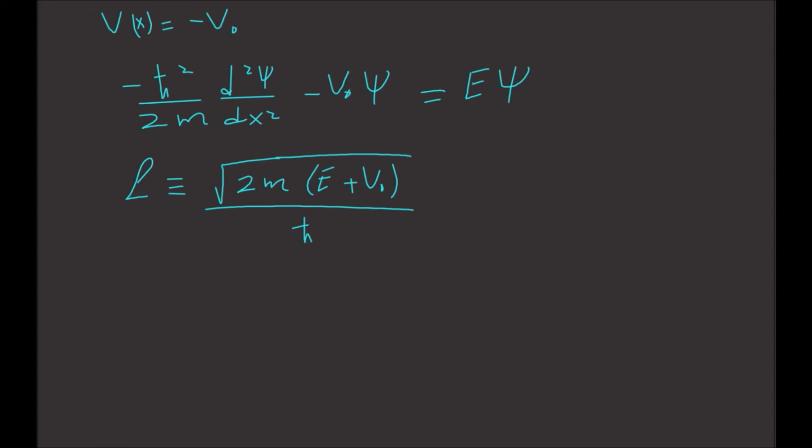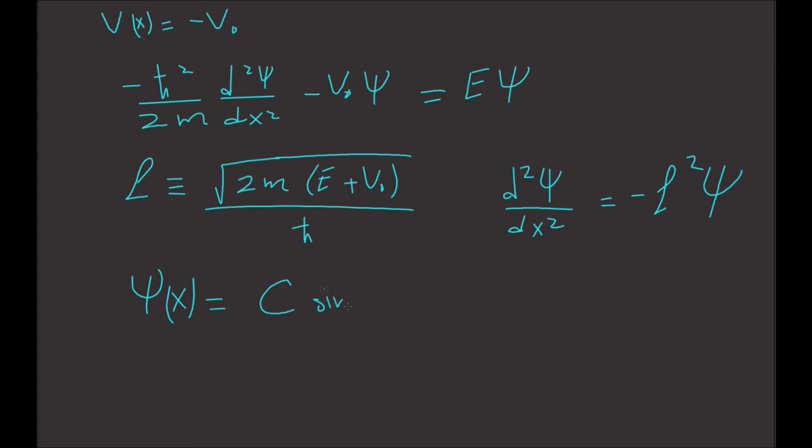So in terms of l, the Schrödinger equation is the second derivative of psi with respect to x equals minus l squared times psi. And we also know the solution for this. It's psi(x) equals C times sine of lx plus D times cosine of l times x.